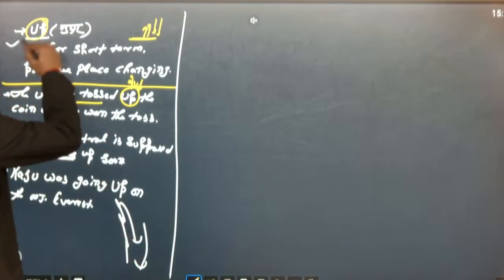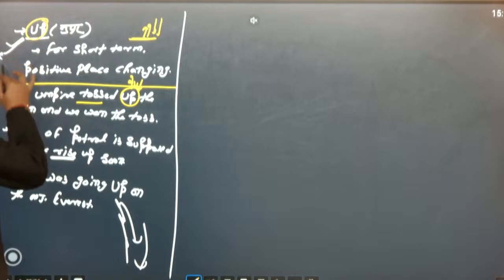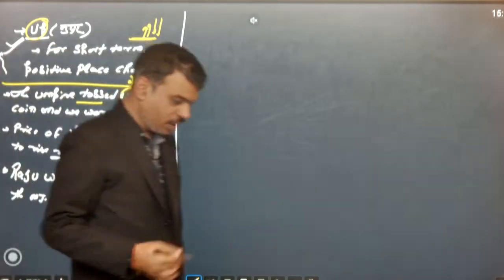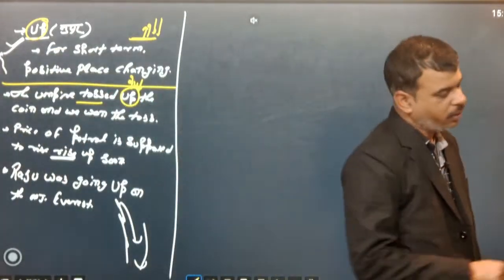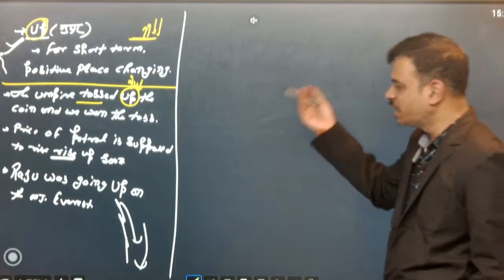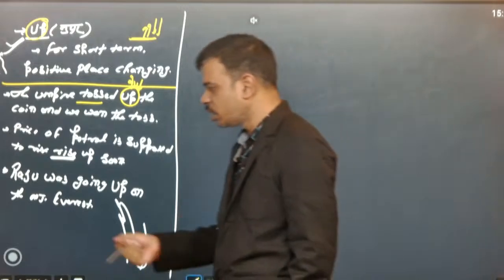So in the condition when anything goes up but for a short term, it means the chances of coming down are possible, we go with up. तो कोई चीज ऊपर जा रही है, नीचे जाने के चांसेस हैं, हम up के साथ जाते हैं.